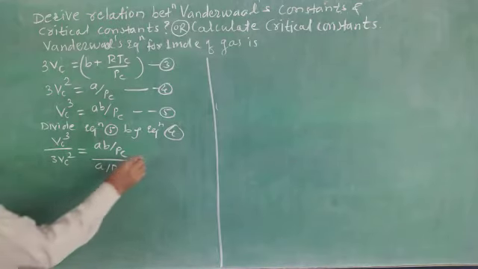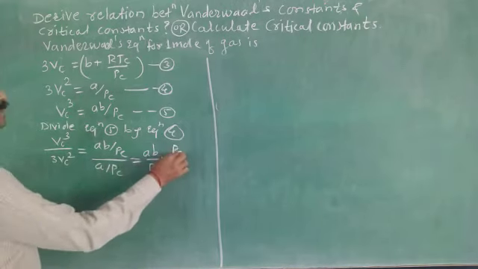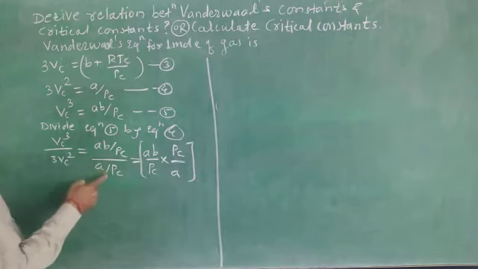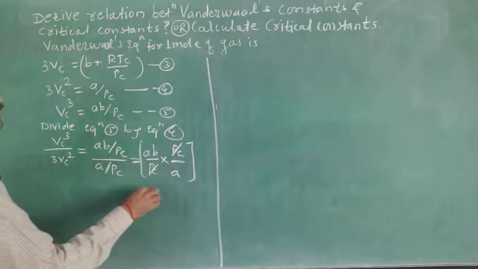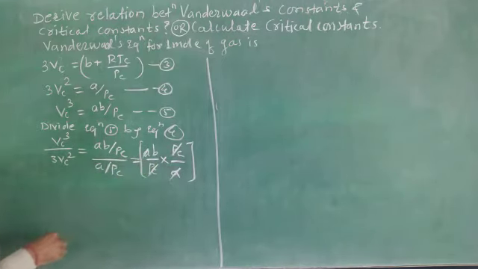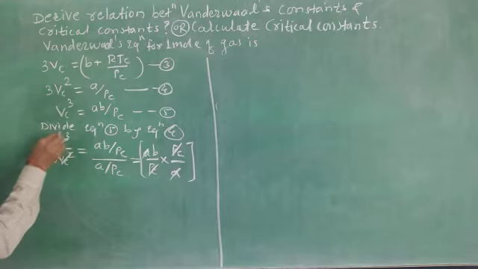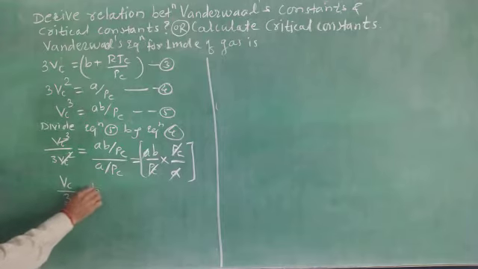Now after solving this, AB upon Pc multiplied by Pc upon A. Pc gets cancelled with this Pc, A gets cancelled with this A. Vc square gets cancelled with this square and one Vc remains. That's why Vc upon 3 is equal to B. That's why Vc is equal to 3B.